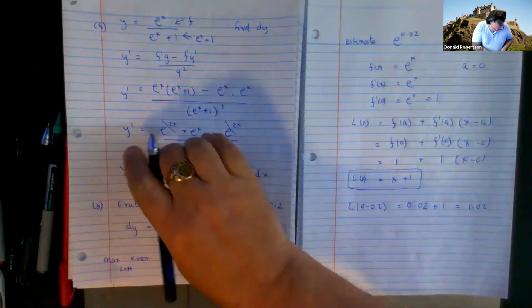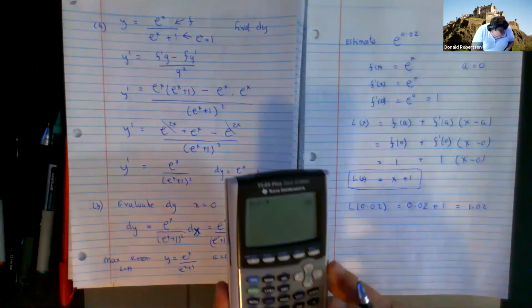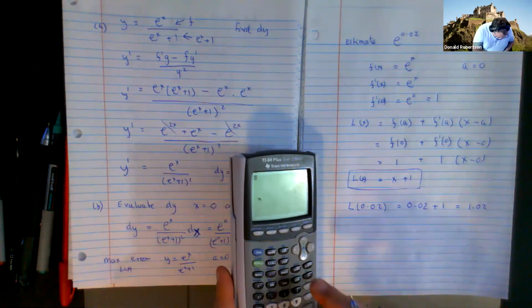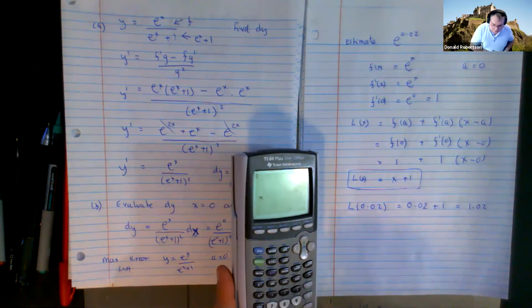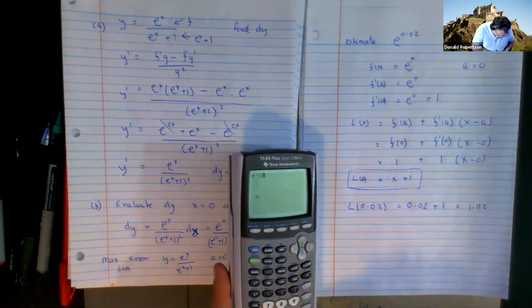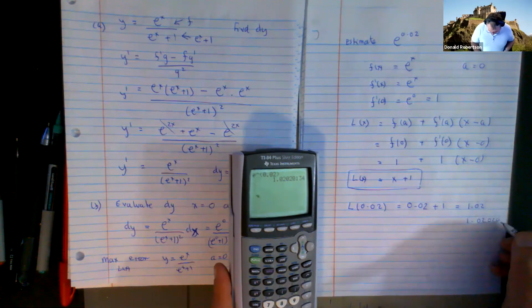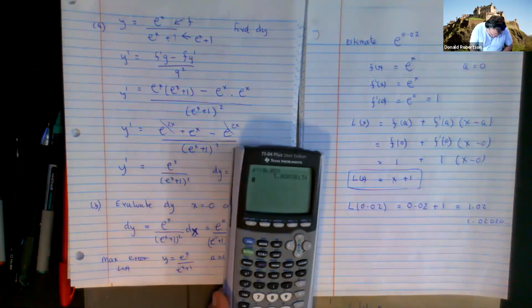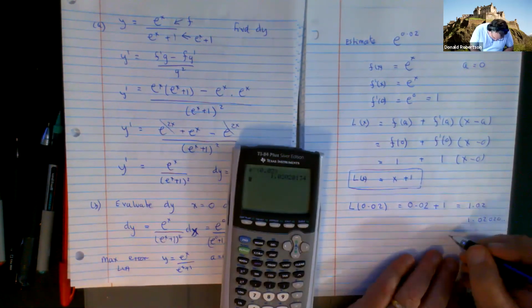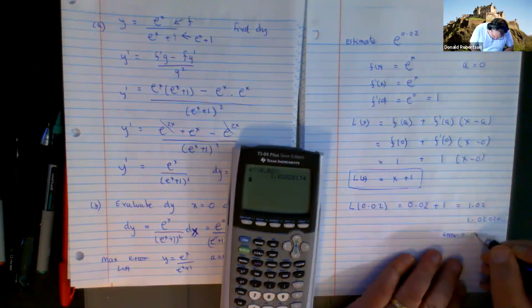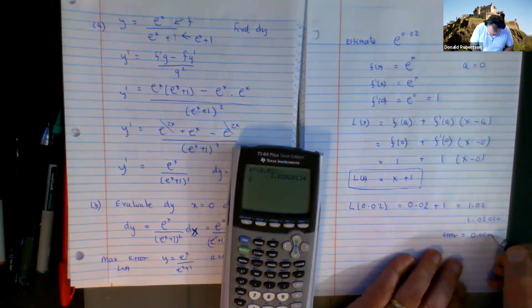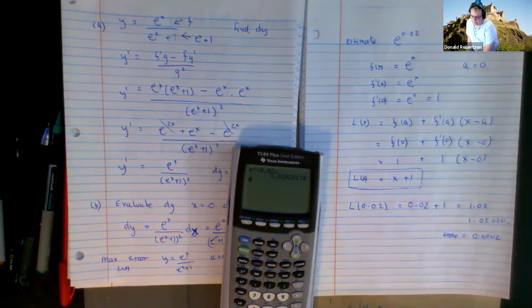I'm just curious how good that is. Well, if you do e to the power of 0.02, you get the answer 1.02020 and some stuff. Now that's pretty good. I mean, look at the difference. The error is 0.0002. We have got a pretty robust technique.